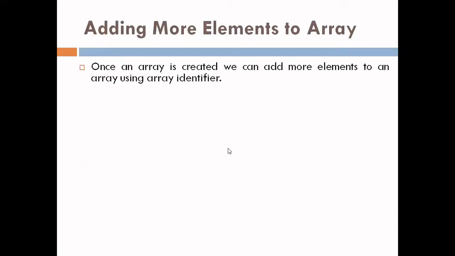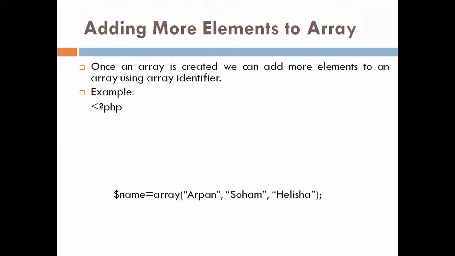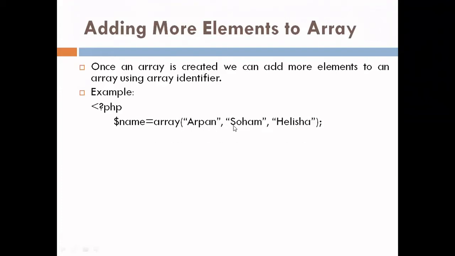Once an array is created, we can add more elements to an existing array using the array identifier, that is, square brackets. For example, PHP starting tag, $name = array(Arpan, Soham, and Elisha). These will be my 3 elements. Here the 0 index is for Arpan, first for Soham, and second for Elisha. Now print_r($name). With the help of this function, I'm displaying all the array elements.